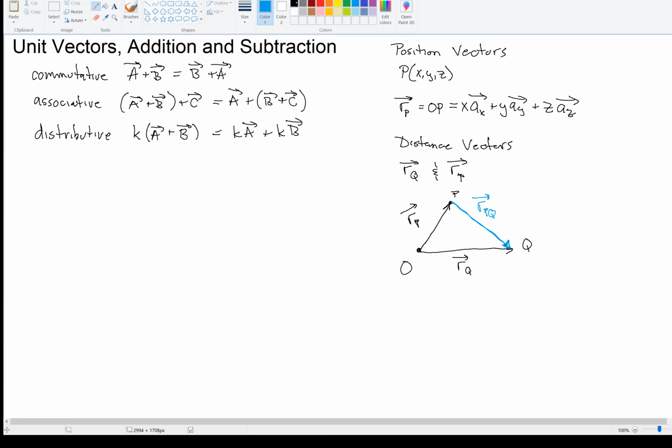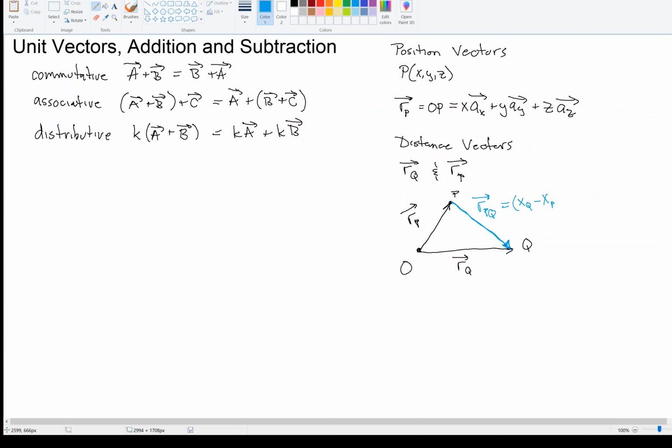And what we just said about addition and subtraction and so forth, we would say that this vector is equal to Q's x component minus P's x component in the x direction plus Q's y component. Excuse me, that's not right.